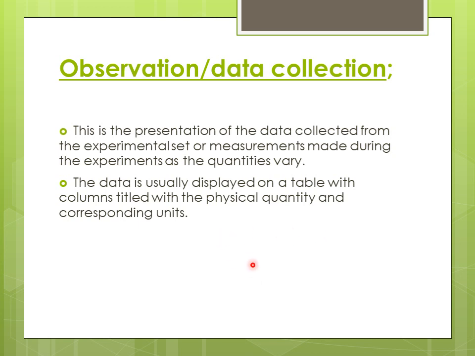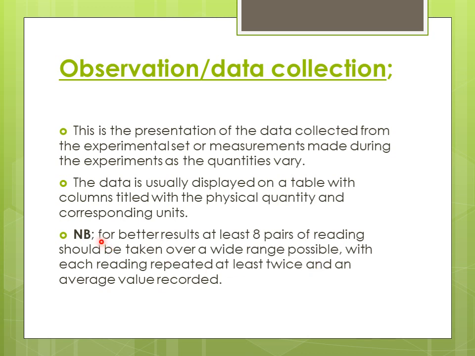You could be working with the acceleration of free fall. Therefore, you will have length and period. You now have values of length and corresponding values of period. Lastly, it should be noted that for better results, at least 8 pairs of readings should be taken over a wide range, with each reading repeated at least twice and an average value recorded.